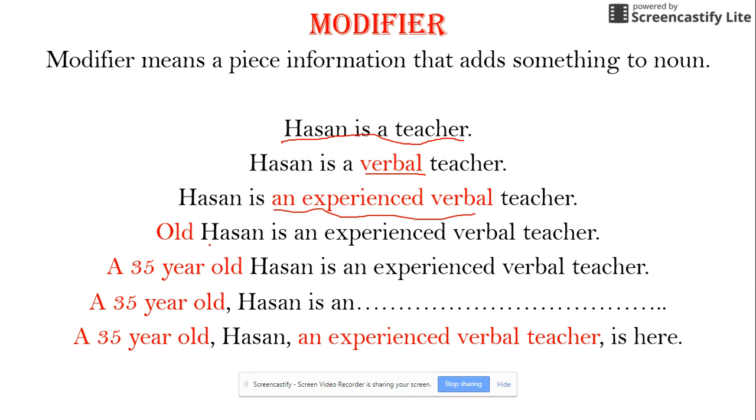Look, old Hassan is an experienced verbal teacher. Again, old is a piece of information that is for Hassan. At the same time, a 35-year-old Hassan again is a piece of information. So any group of words that literally adds something to a particular noun is called a modifier, and in GMAT it should be very close to the noun. Whatever sentences we have seen above, all these five are simple sentences.